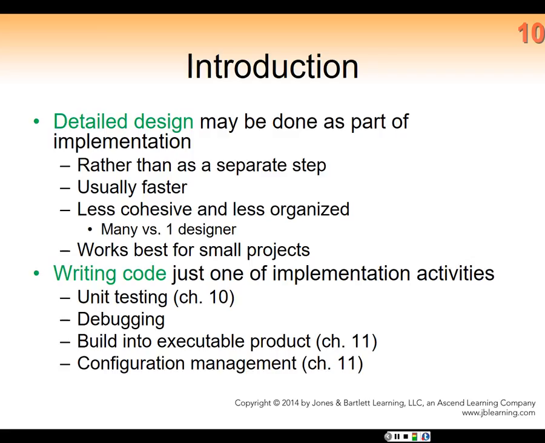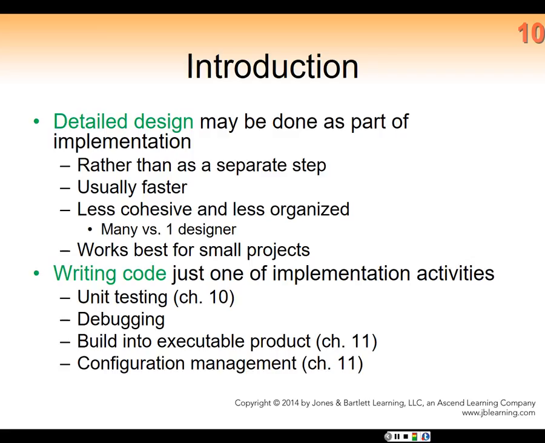You might also be responsible for testing a package, which might be a small collection of classes. That's usually the purview of the individual software developer. That activity is going to be discussed in the next chapter, 10. Also, of course, you're responsible for debugging your code. So that's part of implementation.